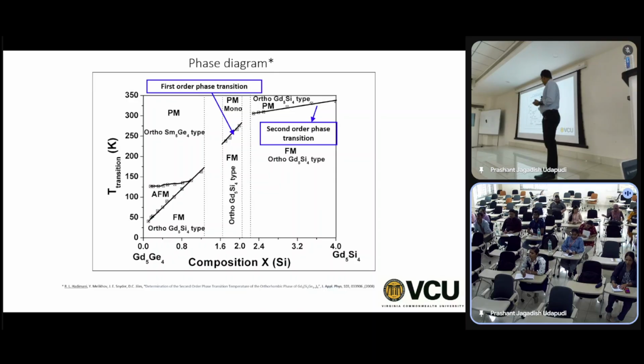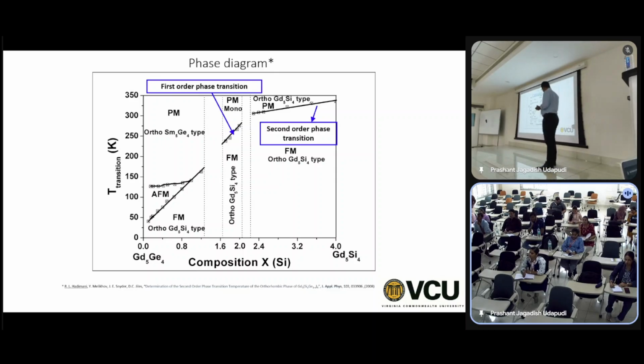So if you start to add silicon here, and then if you completely replace germanium with silicon, you get a higher transition temperature, which is close to 350 Kelvin, which is about 60 to 80 degrees centigrade, right?